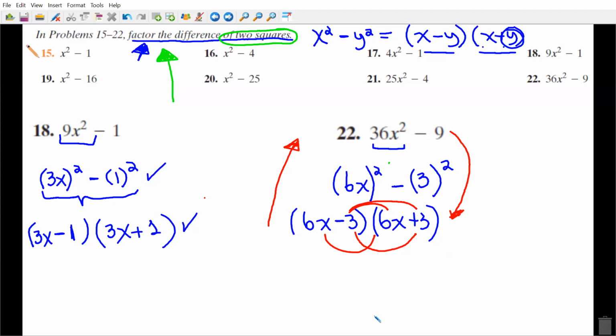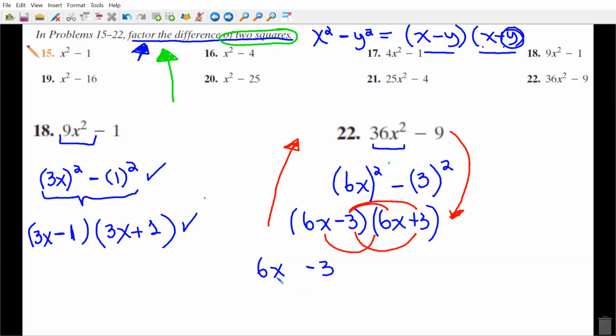Okay. Got it, Cecil? So if you want to do FOIL, the answer is going to be this. And it's a very good way to check if what you have is correct. And let's do it over here. 6x minus 3 times 6x plus 3. 6x times 6x, 36x squared. 6x times negative 3, negative 18x.